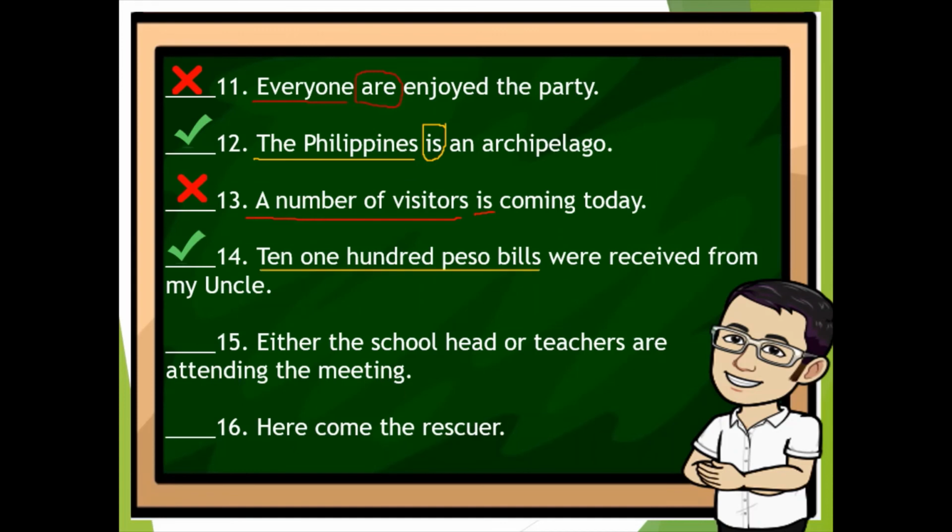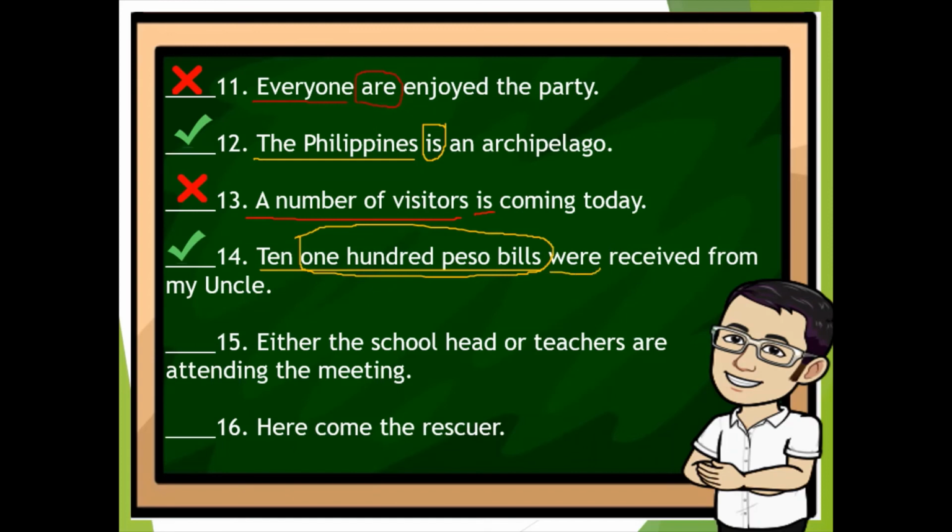The amount of money here is 100 peso bills, preceded by the word number 10. So when it is preceded by the word number 10, it refers to units or pieces. So if the subject refers to units or pieces, then it must take a plural verb.